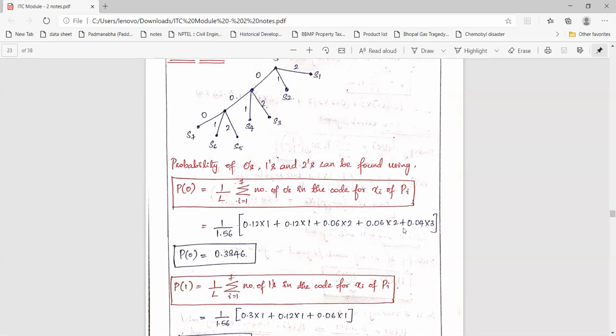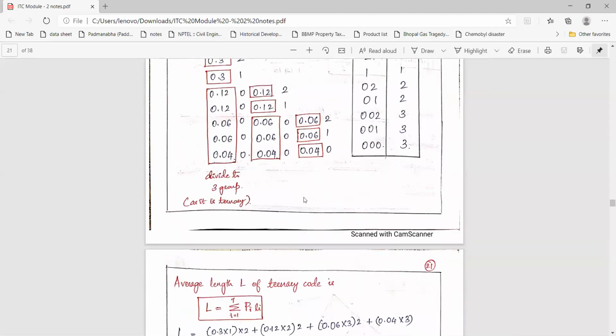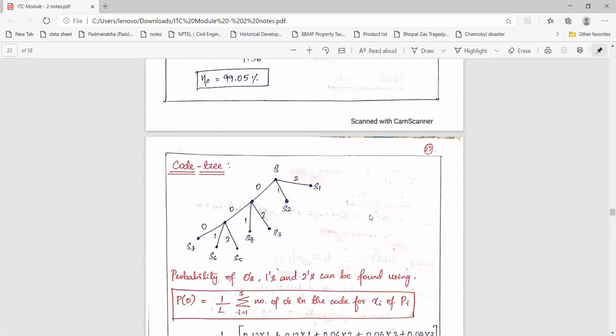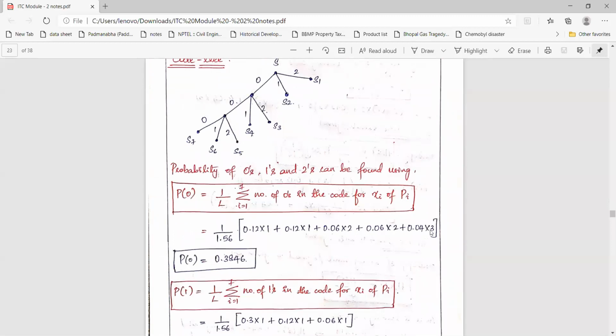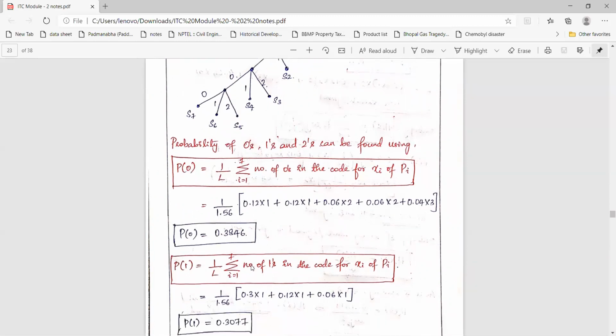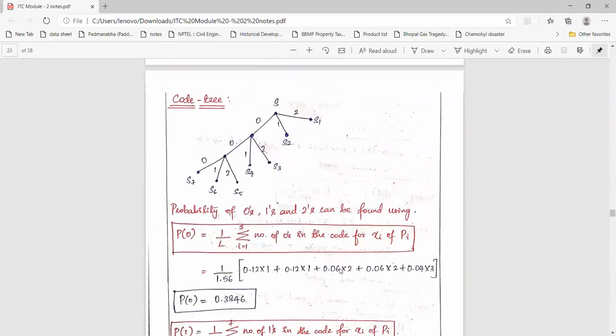And for 0.04 we had 3 times 0. So this one is here, second one is here, third one is over here. So I'll write it as 0.04 into 3. And the average length value is substituted, and after calculating with the help of the calculator, you will get probability of 0 as 0.03846.